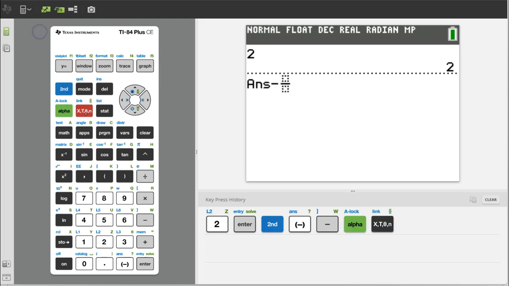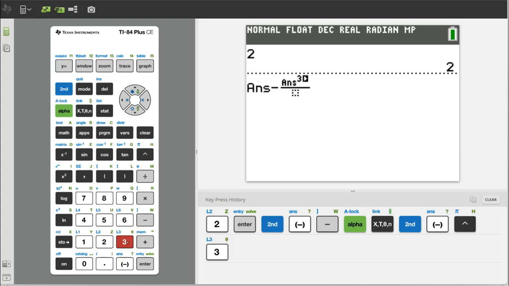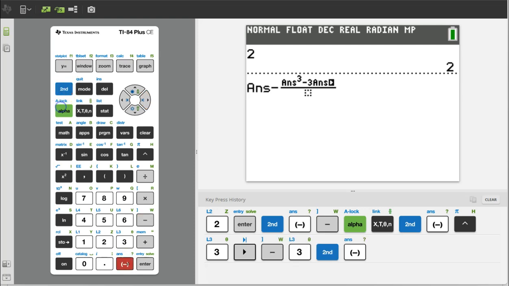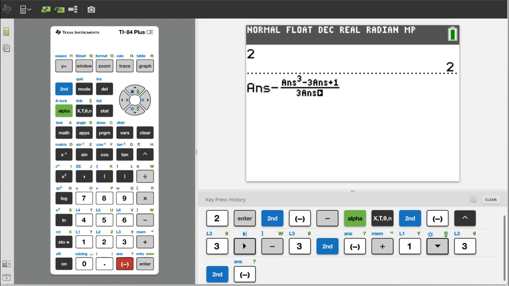Now I want to use the fraction bar. And then I have answer cubed minus 3 times answer plus 1 over 3 times answer squared minus 3.